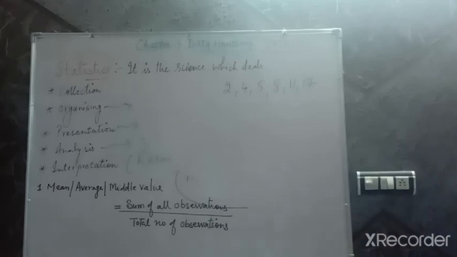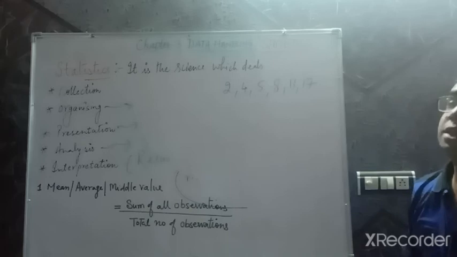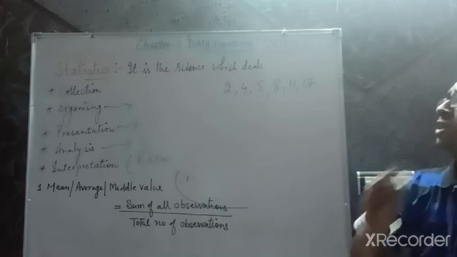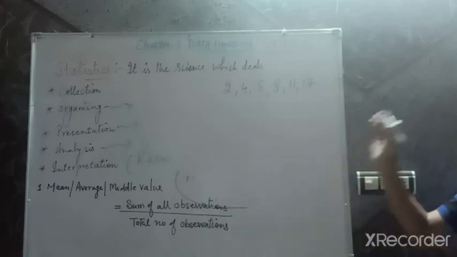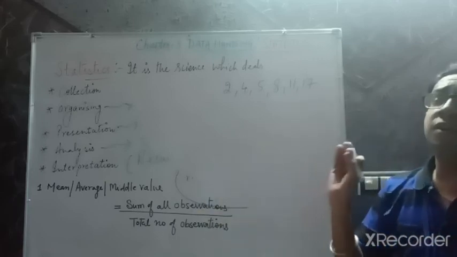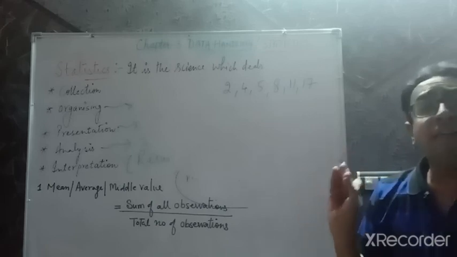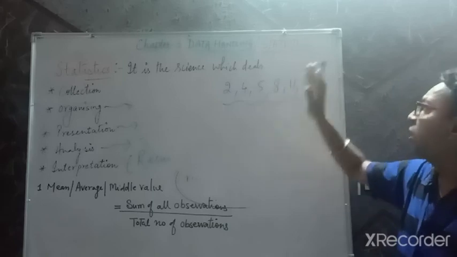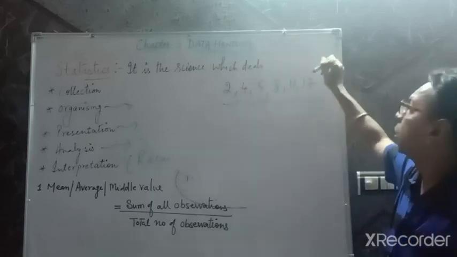Do remember, before finding mean, mode, median, you first convert the data into an array. Please do remember, it's very, very important, otherwise you will never get the correct answer. Arrange the data first, convert the data into an array. It's already in array form because it is going from lower to higher.